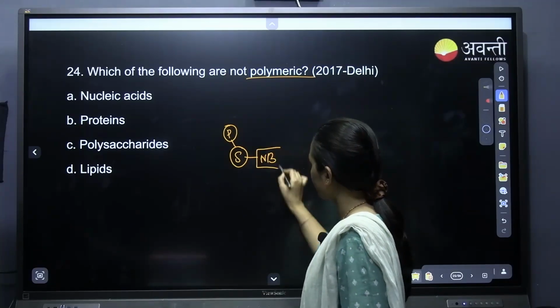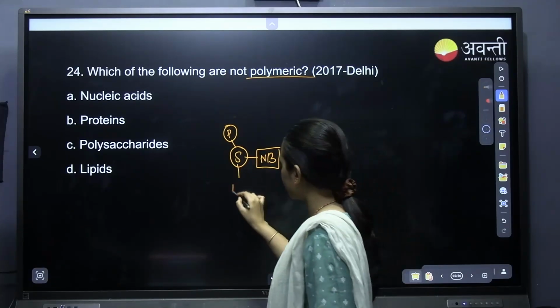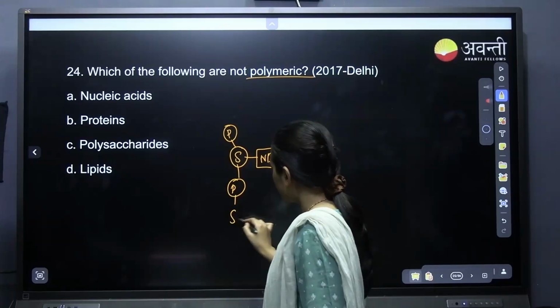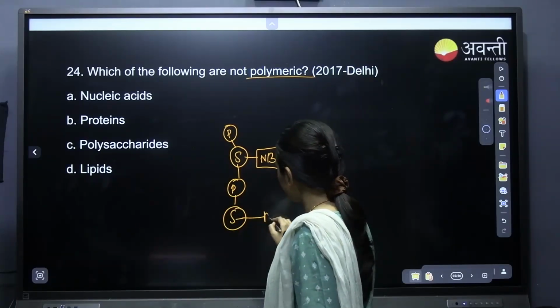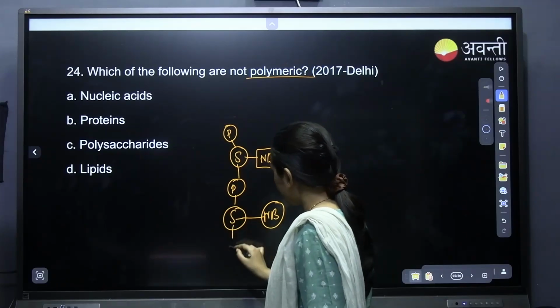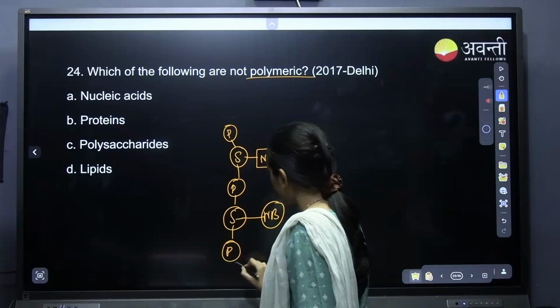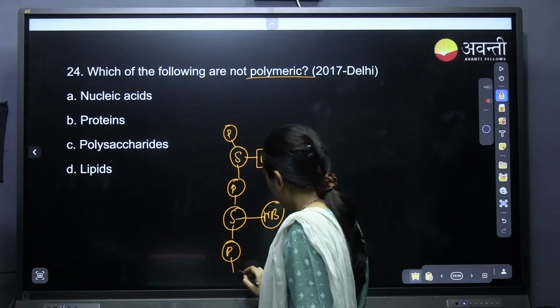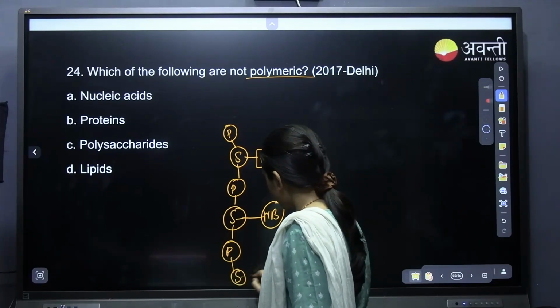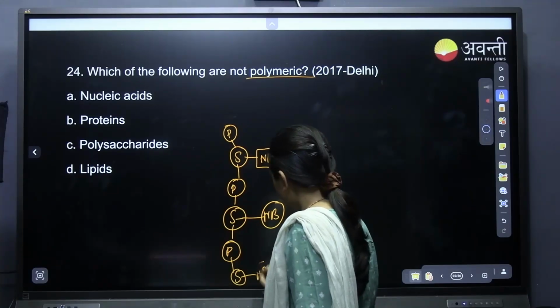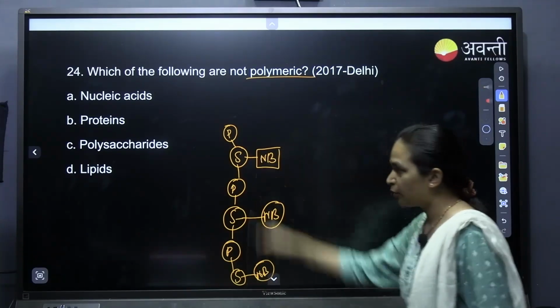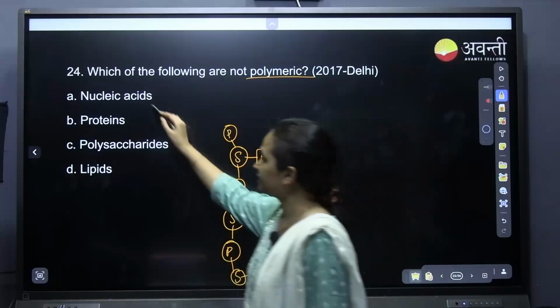This is one unit, and this again is attached to phosphate, sugar, then the sugar to the nitrogen base, again to the phosphate, phosphodiester bond here, and again the sugar and nitrogen base with a glycosidic bond. So it makes a polymer, right? Yes, definitely the nucleic acid is a polymer.